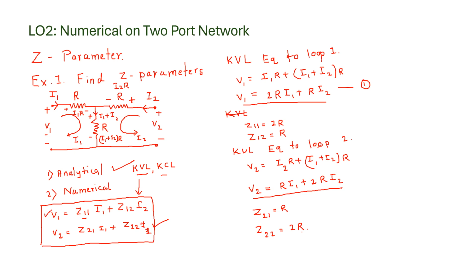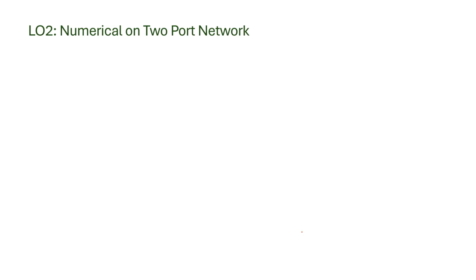Okay, so this is how we can find the Z parameters for the given circuit using the analytical approach. I will not discuss the numerical approach here because this is not a dedicated course on electrical circuit analysis. Now let us go to another example.